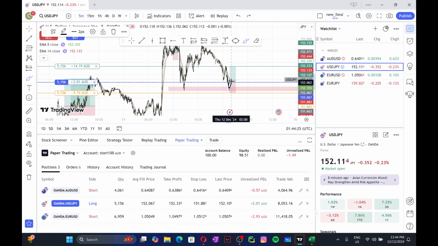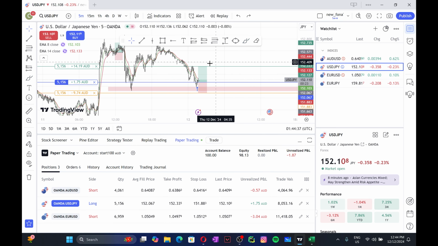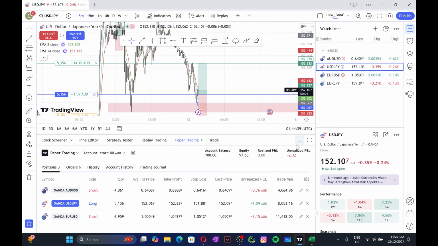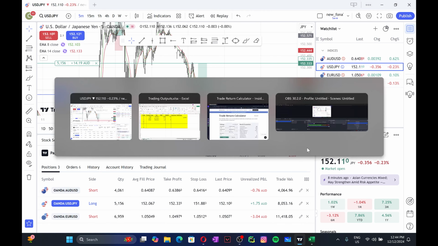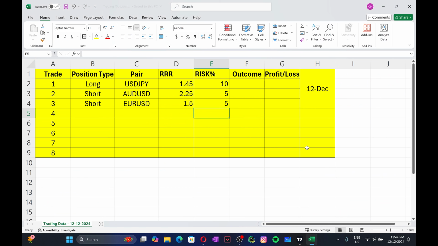But if it doesn't and it starts going lower and breaks this zone, I'm going to take another trade with my take profit about there, and that's about it. Let's see how our trade turns out. As of now, we have 2 losses and 1 profit, but I'm going to leave them as they are for now, and we'll come back later and see how it's going.